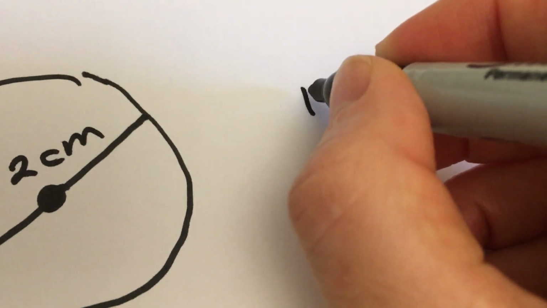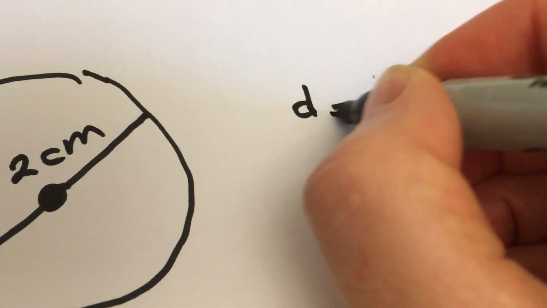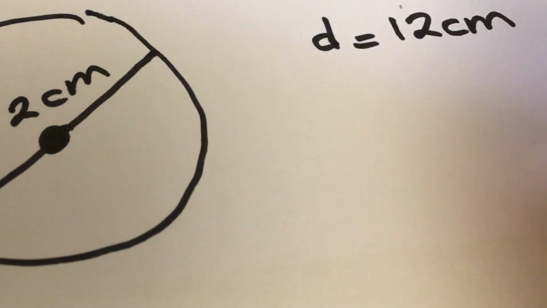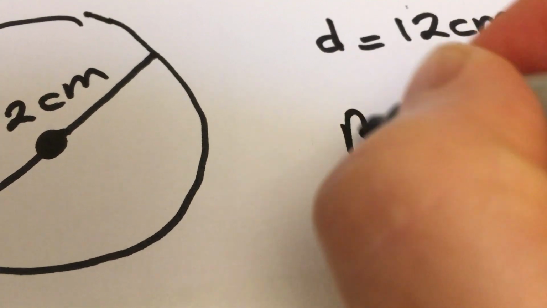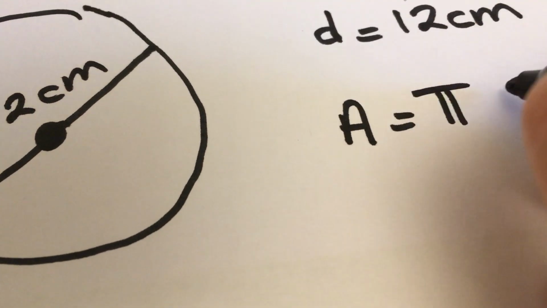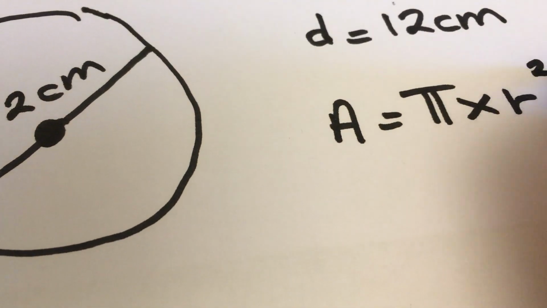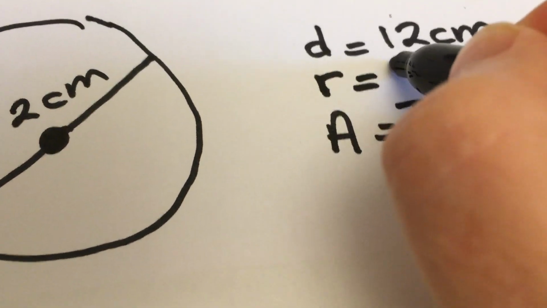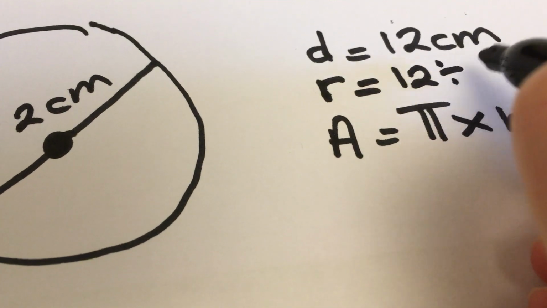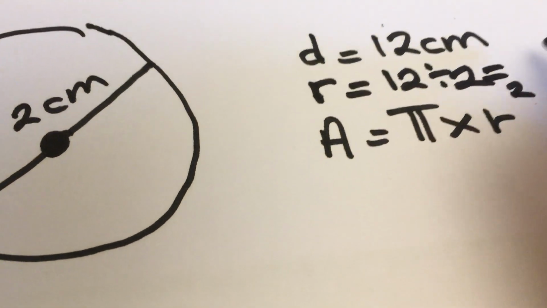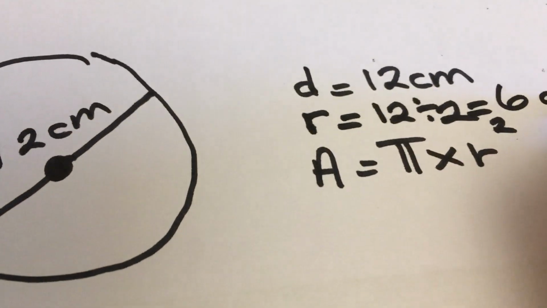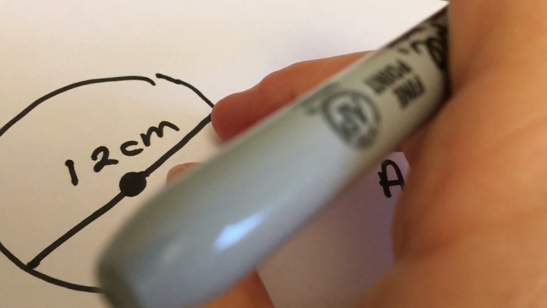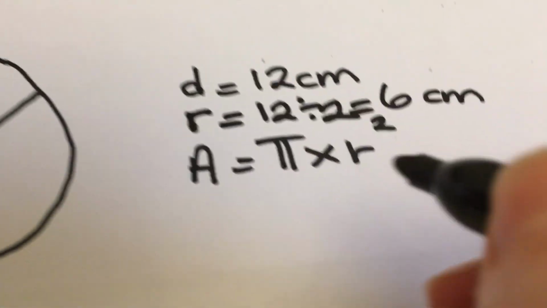Because the formula is A equals pi times radius squared, you need to work out the radius. The radius is half of the diameter, so the radius is 6 centimetres, because that is half the way across the circle.